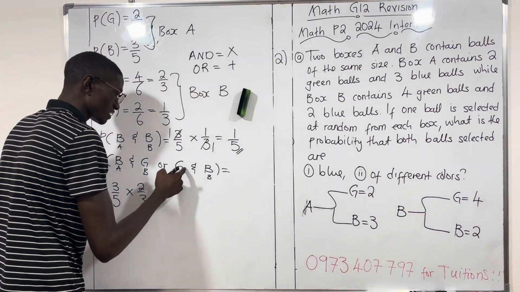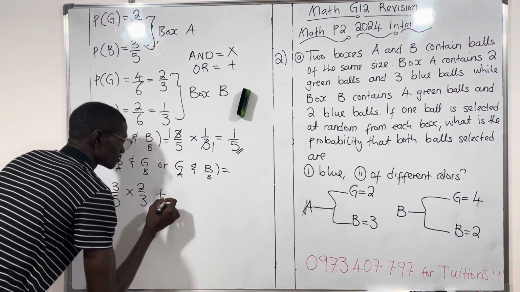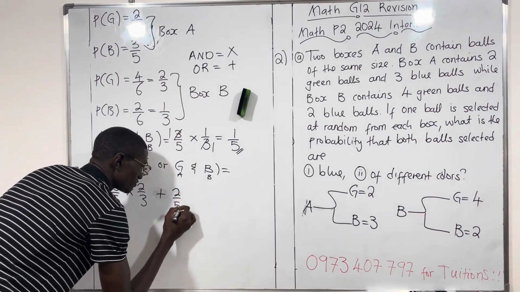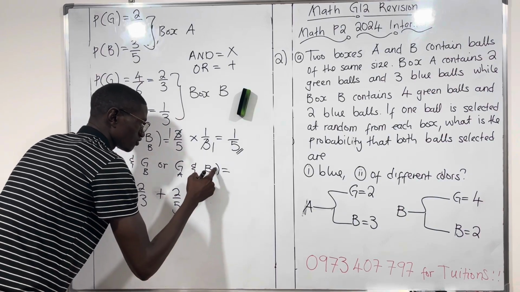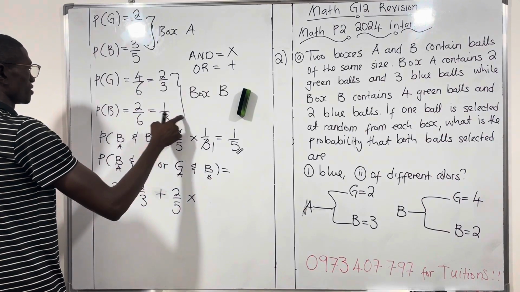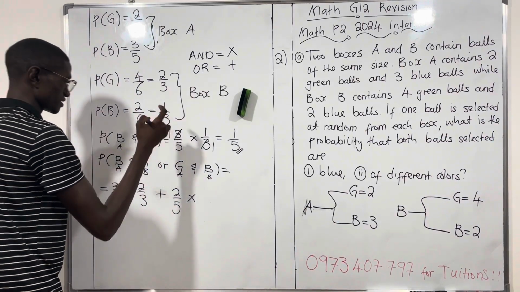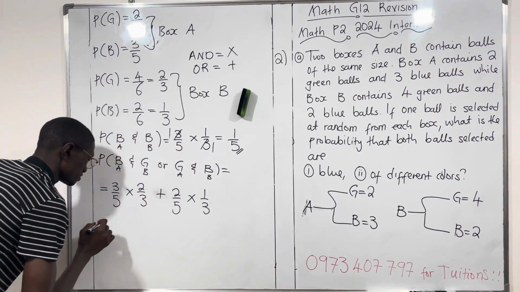We come to this one. What is the probability of picking a green from box A? Green is 2 over 5. So we're going to say 2 over 5, and means we multiply. What's the probability of picking a blue ball from box B? Box B is here. Blue is 1 over 3. So we say 1 over 3 and then we compute.